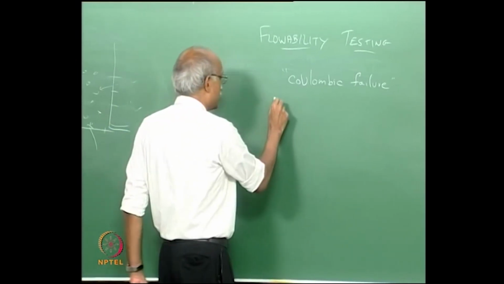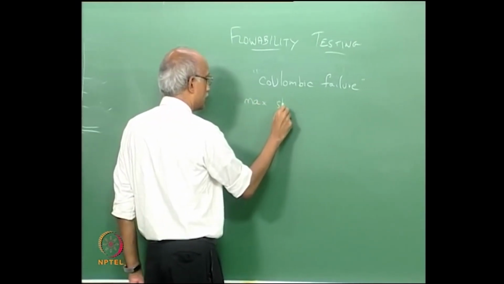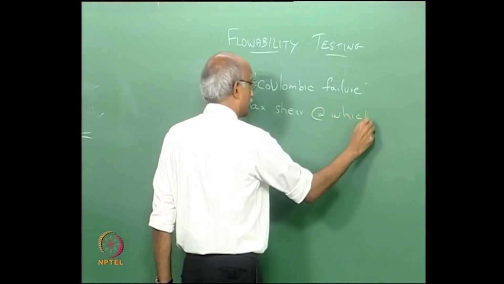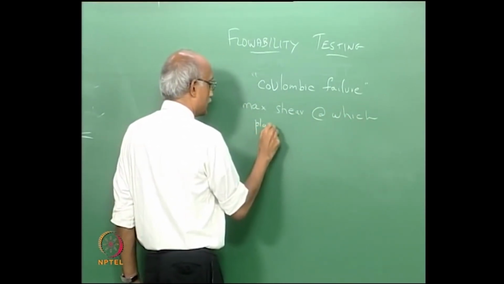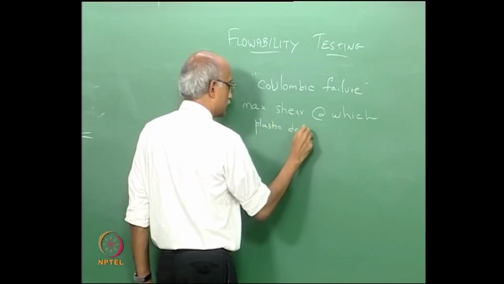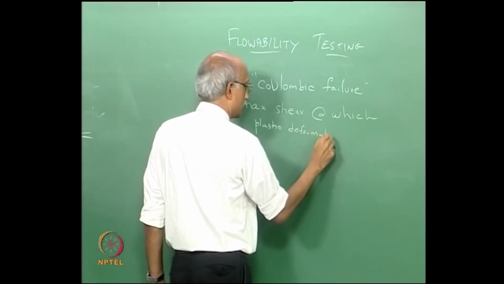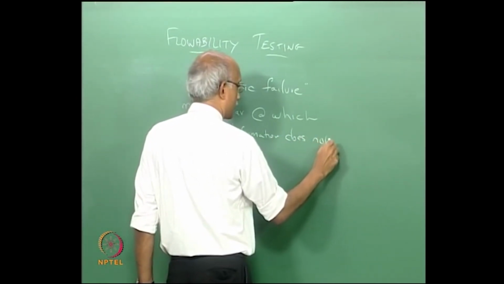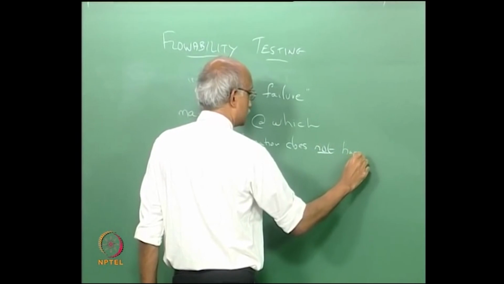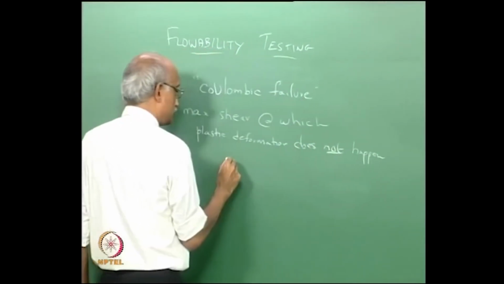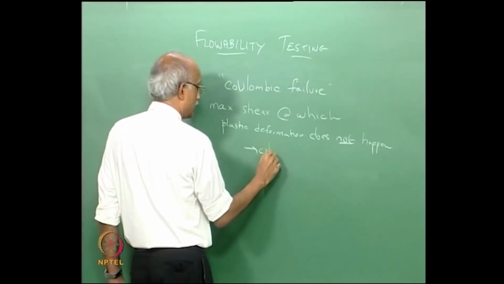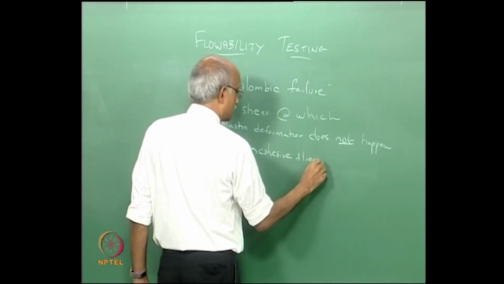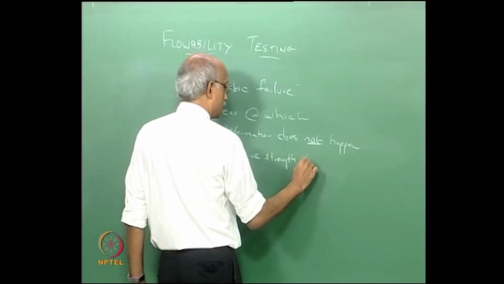So, the maximum shear at which plastic deformation does not happen is considered a measure of the cohesive strength of the material.